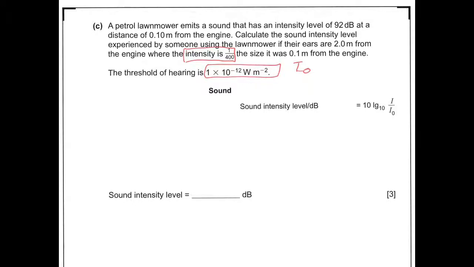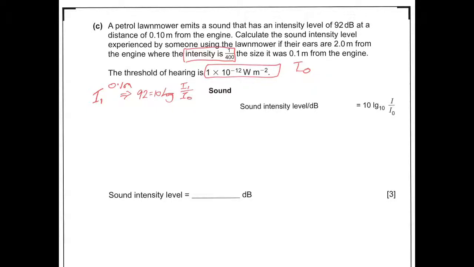So if you imagine that an intensity I1 is the value at 0.1 meter out, it has an equation that says that 92 dB is equal to 10 log I1 over I0.